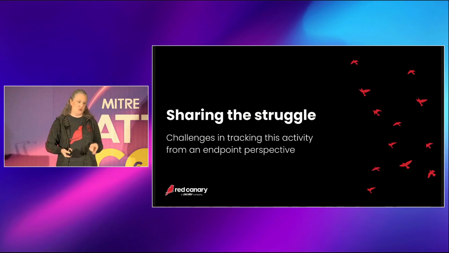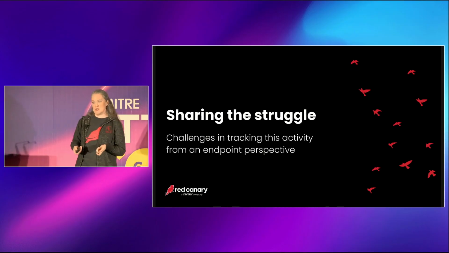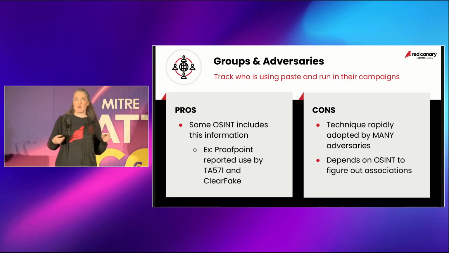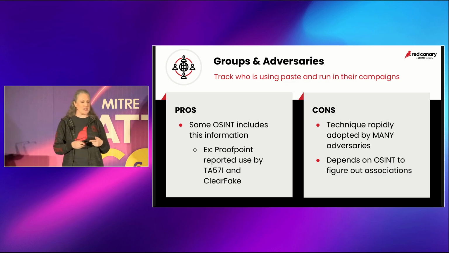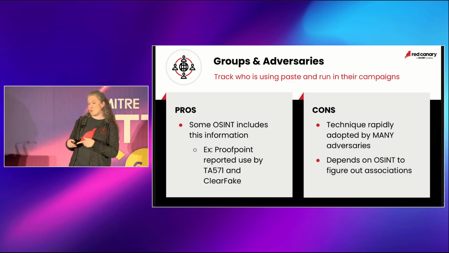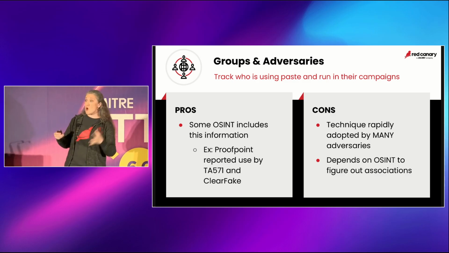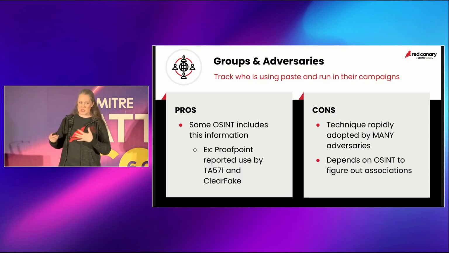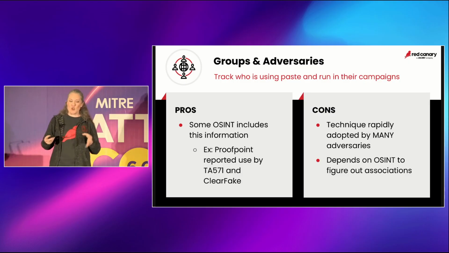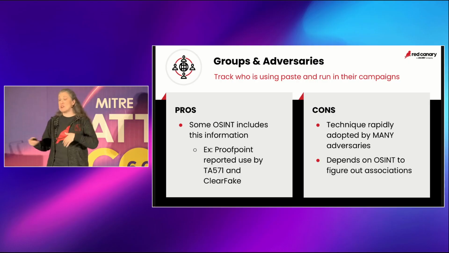So why was this a struggle? What were some of our challenges? Well, when Proofpoint first reported on this in March of 2024, they reported it in use by TA571, an initial access broker, and ClearFake. So initially we thought, we're going to track this as groups and adversaries. That's not ideal because we have to depend on OSINT.